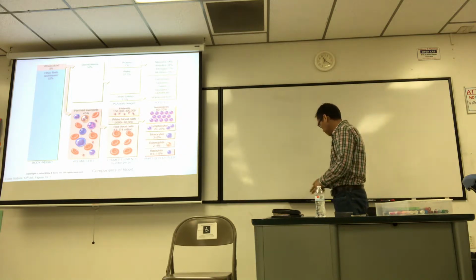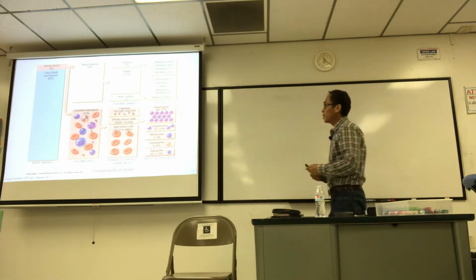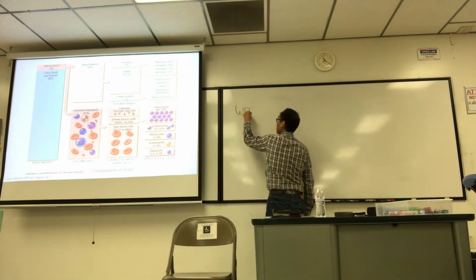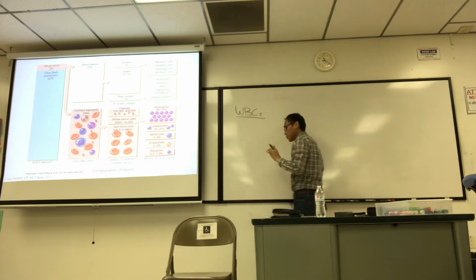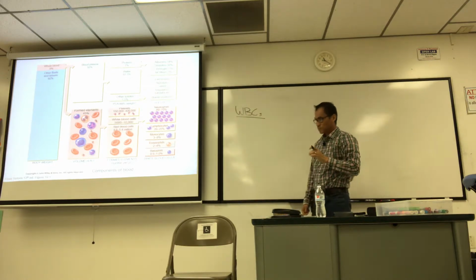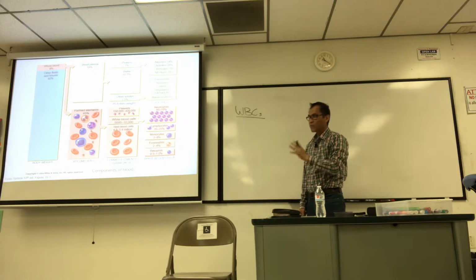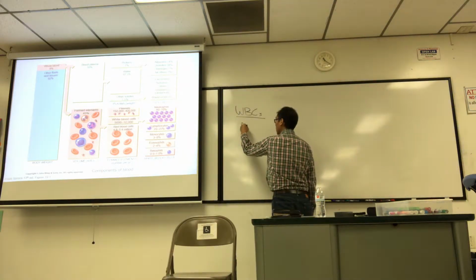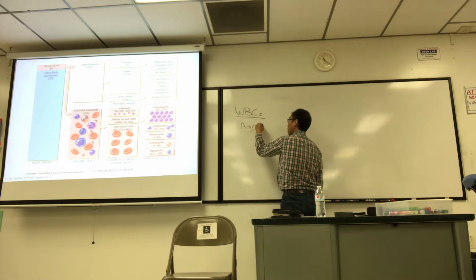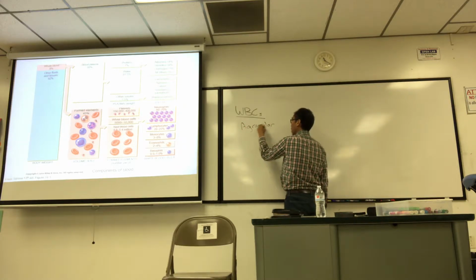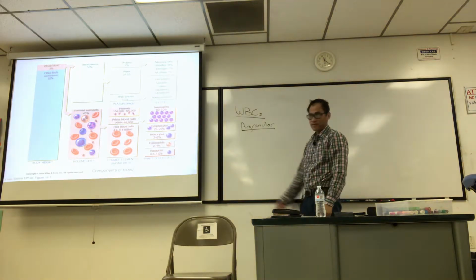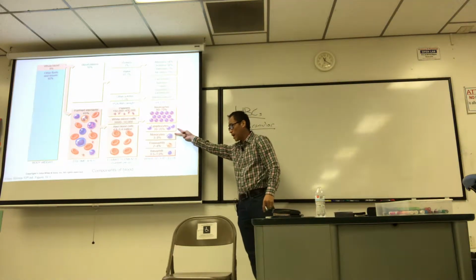Now the white blood cells, WBCs, can be categorized by the granules contained in the cytoplasm. Either you have them or you don't. If they're absent, that's agranular white blood cells. White blood cells that don't have these granules are the monocytes and the lymphocytes. Agranular.